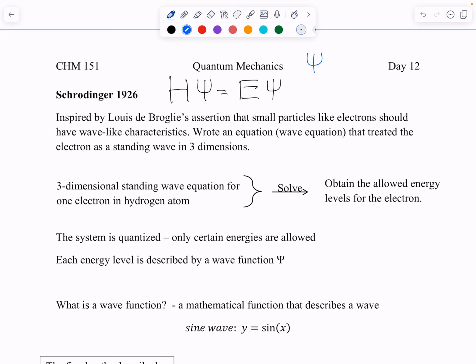that is the wave function. It describes the wave-like characteristics of the electron.